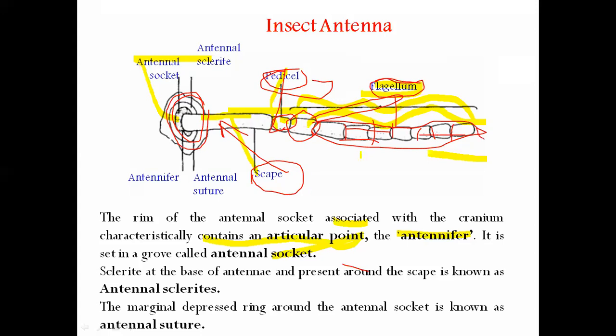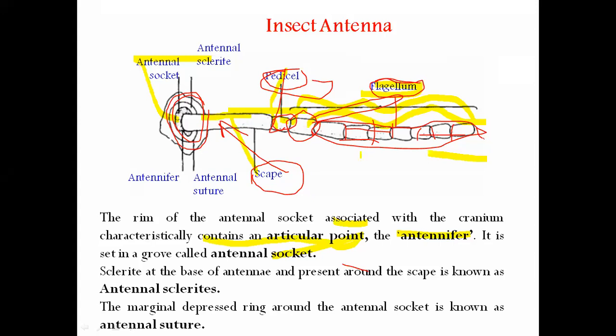I'm talking only about honeybees, our sweet honeybees. In honeybees the flagellum is divided into ring joint, then funicle, and club shape, that means the terminal tip.